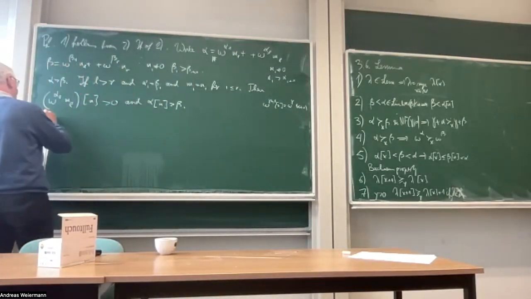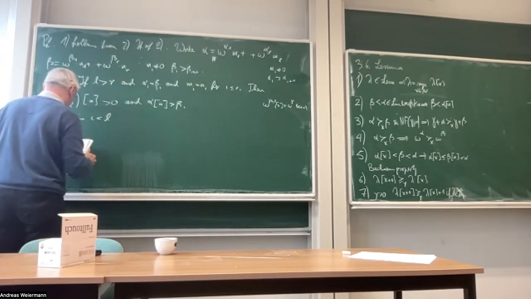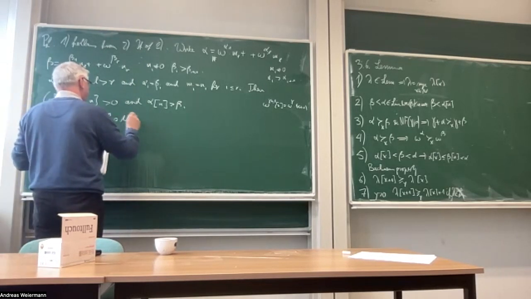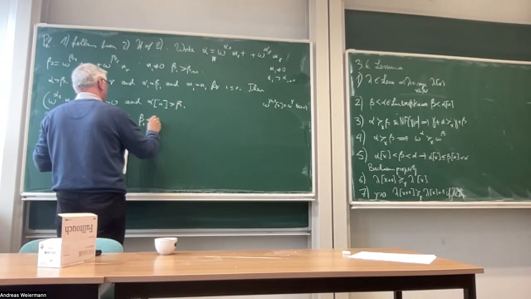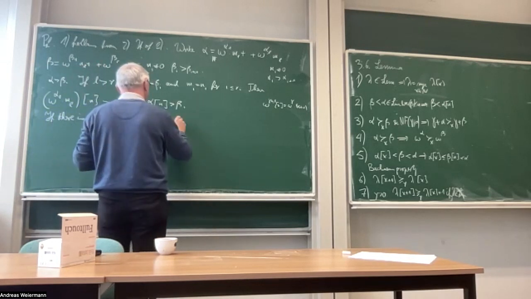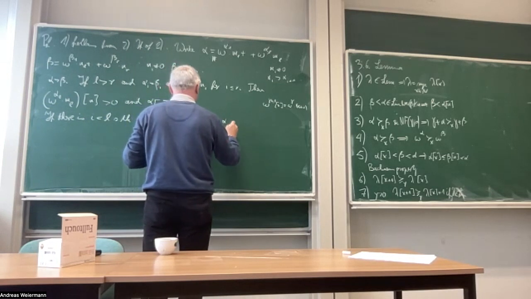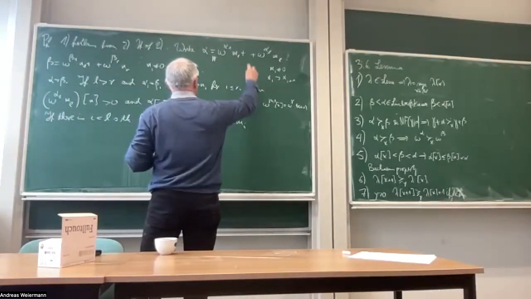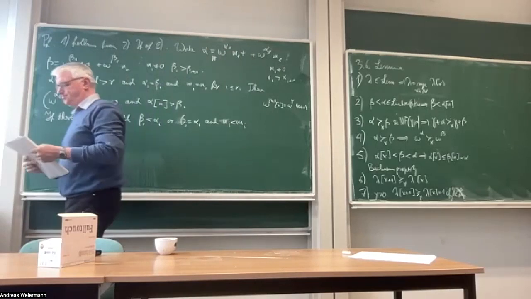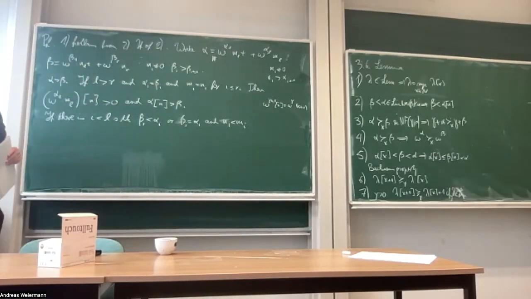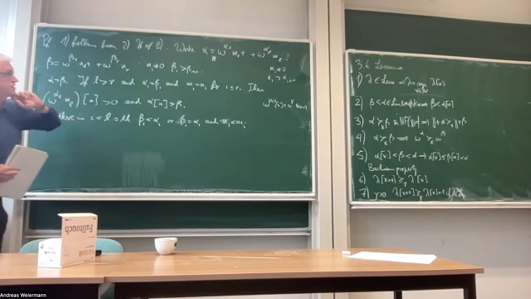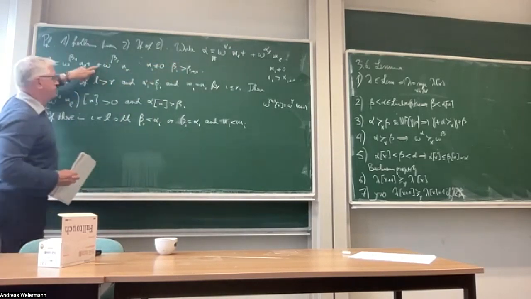So if there is I smaller than n such that beta I is smaller than alpha I, or we have that beta I is equal to alpha I, and n I is smaller than m I, which means the I term here is bigger than the I term here. And this case distinction makes that alpha is bigger than beta.